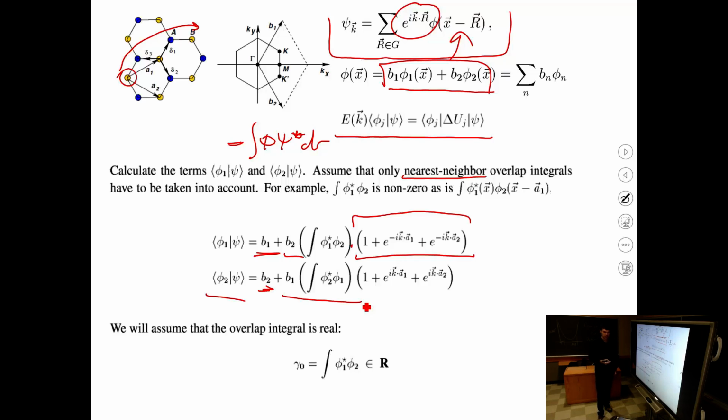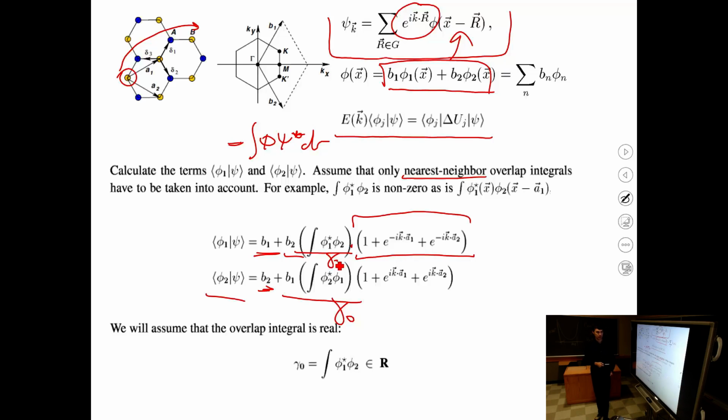Okay, so we're going to go forward by calling this integral here gamma 0. And we're going to say that both of them are the same, gamma 0 here and here. So phi 1 complex conjugate phi 2 is the same as phi 2 complex conjugate phi 1 because this integral is real.